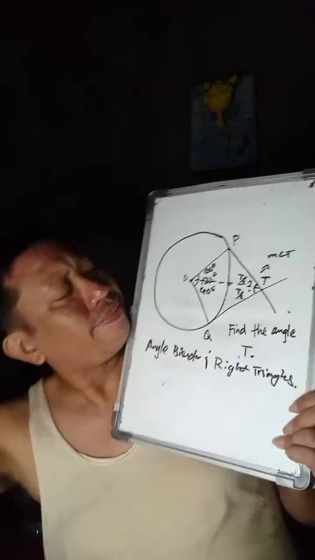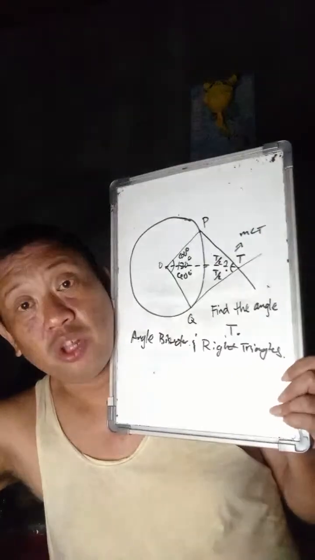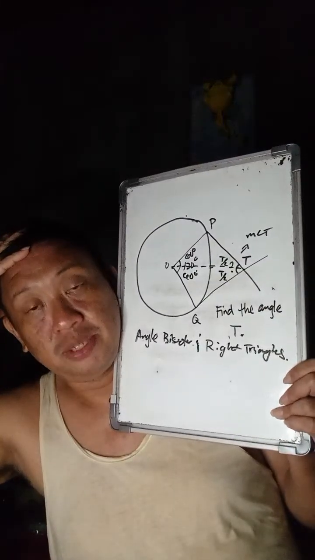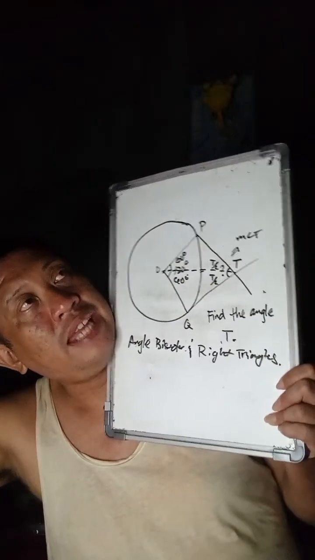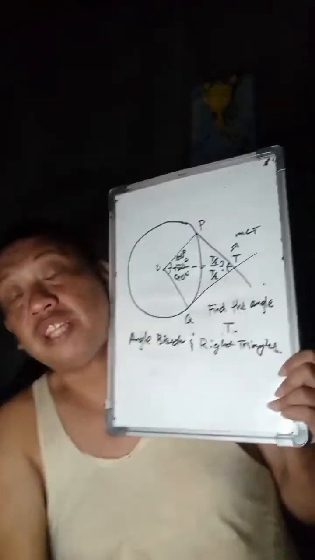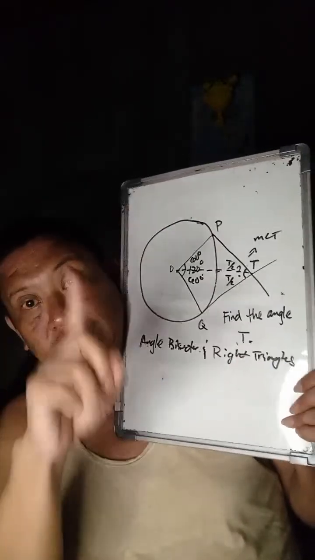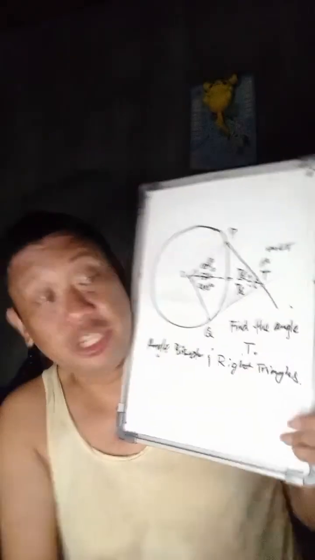Now, you said right triangles, right? So we need a right angle. Okay, one property of circles is if you have a radius and it is pointed on one of the tangent lines, it will always be perpendicular. If it's perpendicular, then you have 90 degrees.